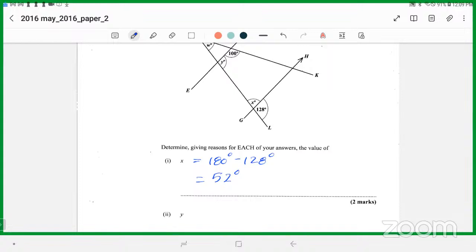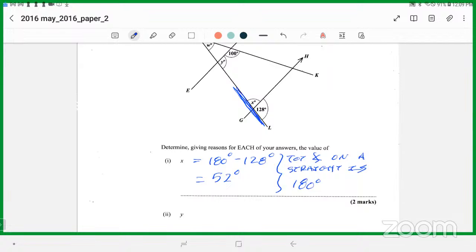All right, and so we must write the reason. The reason is that total angle on a straight line is 180 degrees. That's what we use, a straight line here.